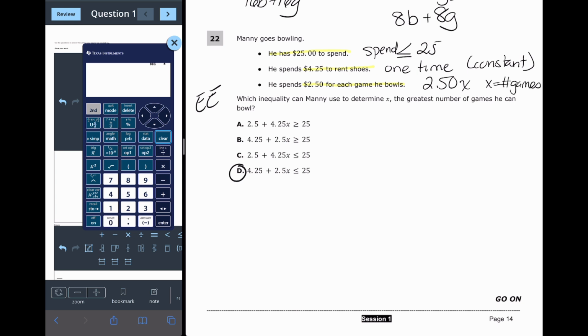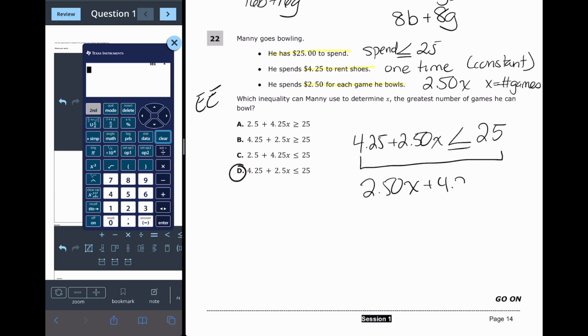All right, so how do I express that? So again, we already know he can spend equal to or less than $25. We know that the shoes is just $4.25 one time, and we know that he can spend $2.50 per game. So I'm looking for an inequality that matches this. Now remember, it could also be written as 2.50x plus 4.25 is less than or equal to 25, or I could put the 25 on the other side and it flips the symbol around.